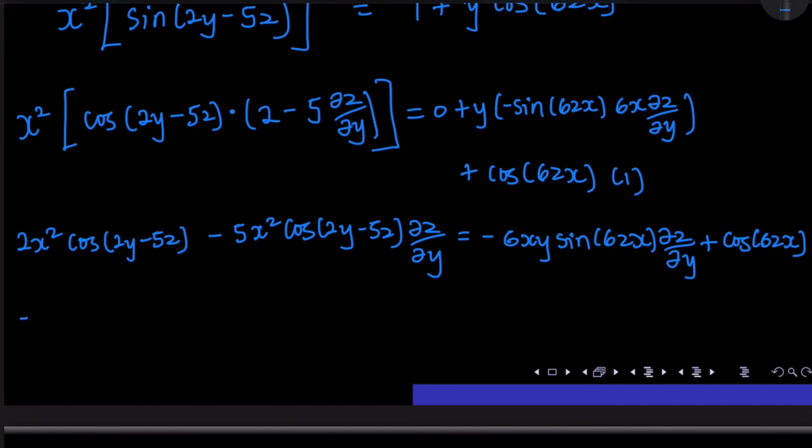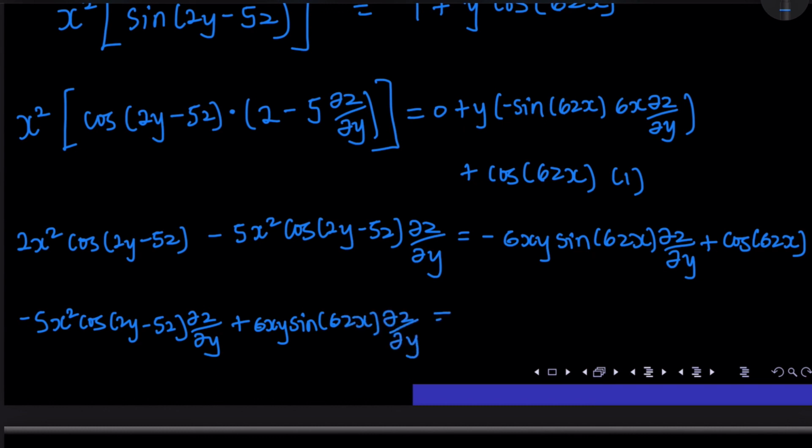So we are going to have minus 5x squared cosine of 2y minus 5z ∂z/∂y plus 6xy sine of 6zx ∂z/∂y is equal to cosine of 6zx minus 2x squared cosine of 2y minus 5z.